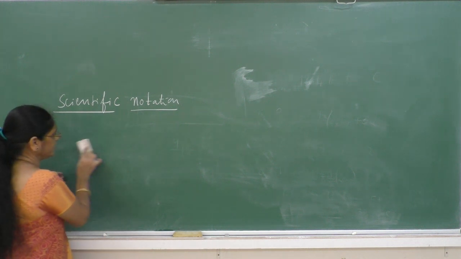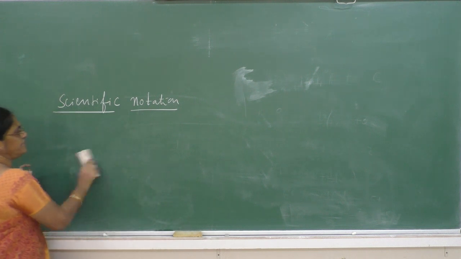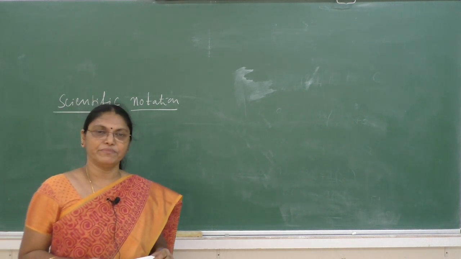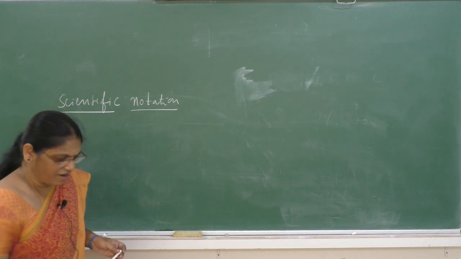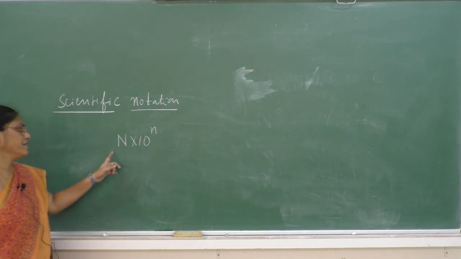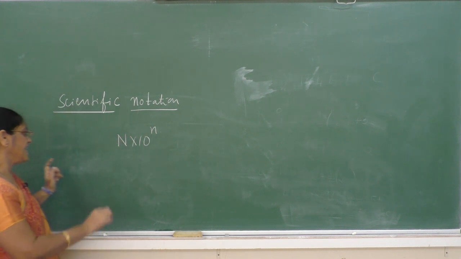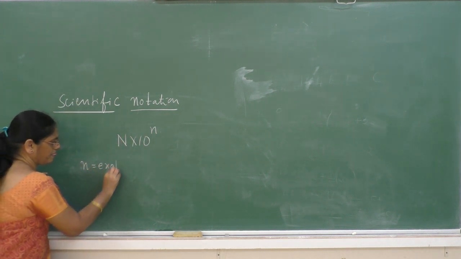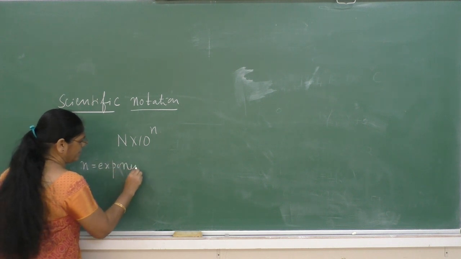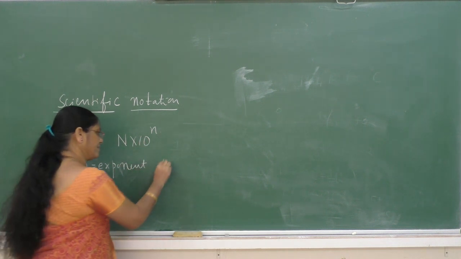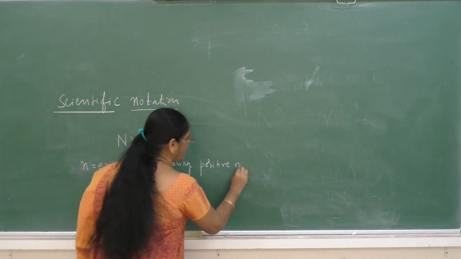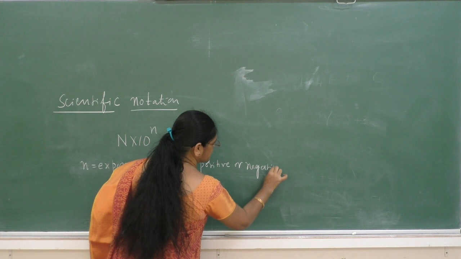Then what is meant by scientific notation? Scientific notation is the exponential notation in which any number can be represented in the form of N into 10 power n, where n is the exponent, having positive or negative values.